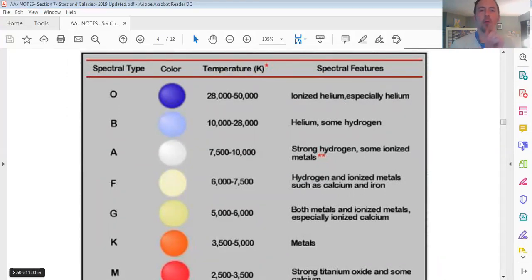Question number 1. What is a large ball of glowing gas hot enough to begin nuclear fusion? Feel free to pause the video and look at your choices for Google Classroom and pick the correct answer to number 1. Question 2.